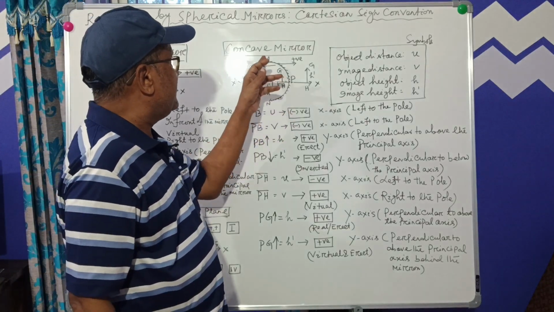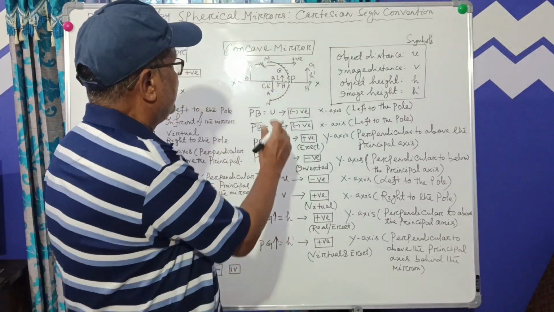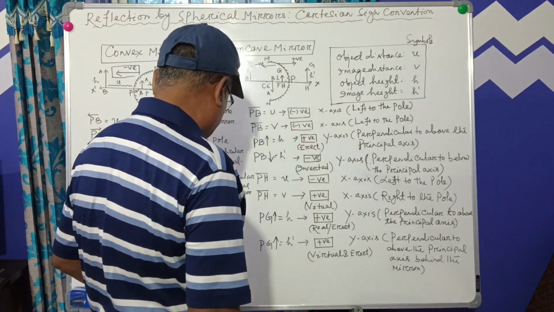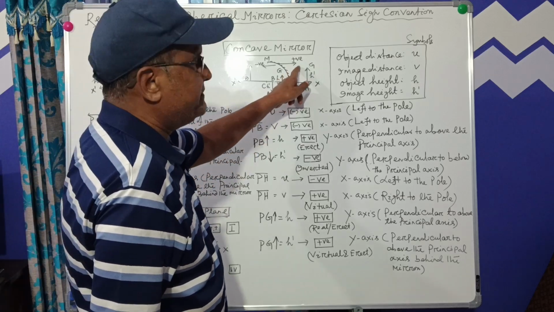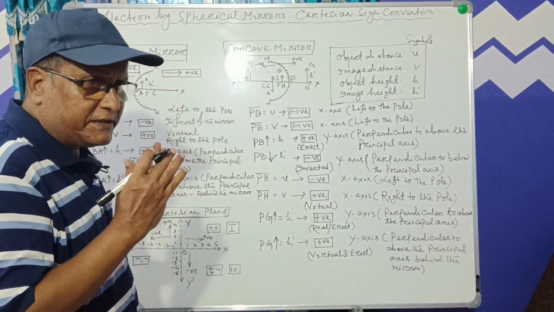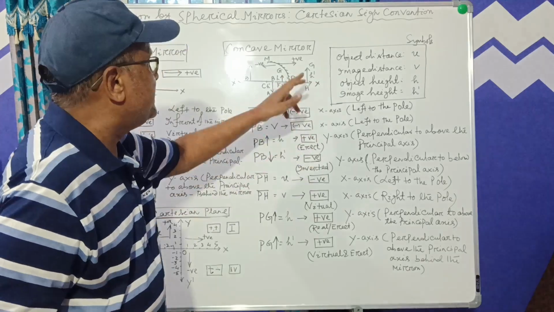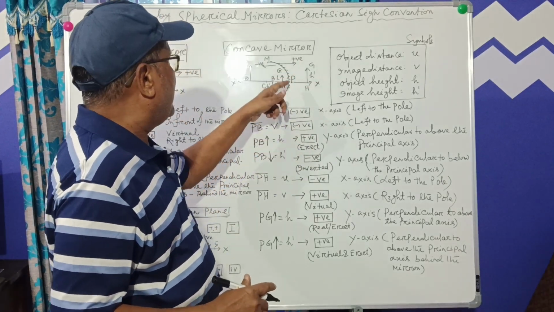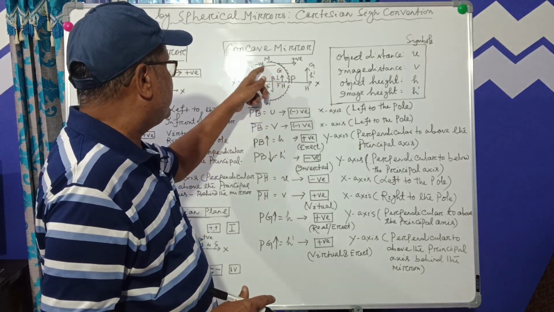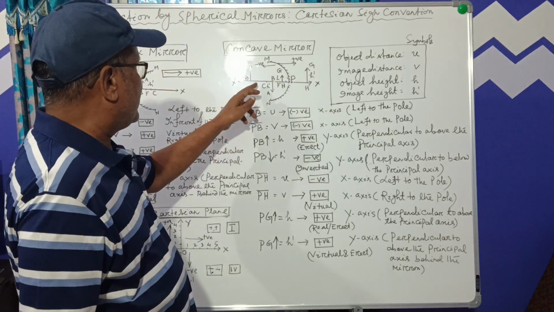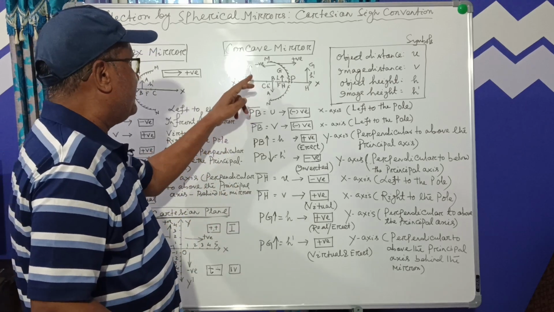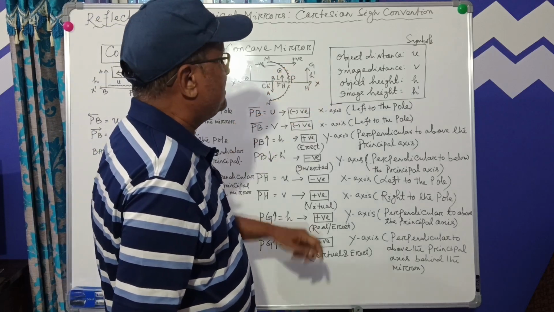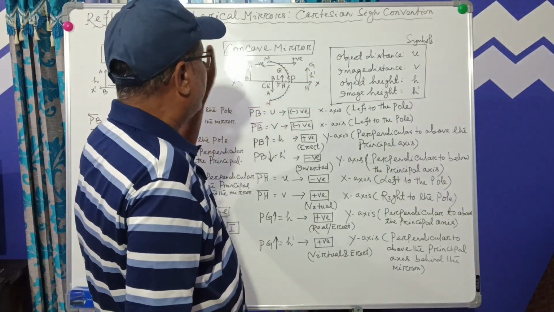Let us take the example of a concave mirror first. From the pole towards right is positive. The distance measured from the pole towards right is positive, and the distance is always measured from the pole. Towards left along the x-axis it is negative. So from the pole towards right positive, towards left negative.